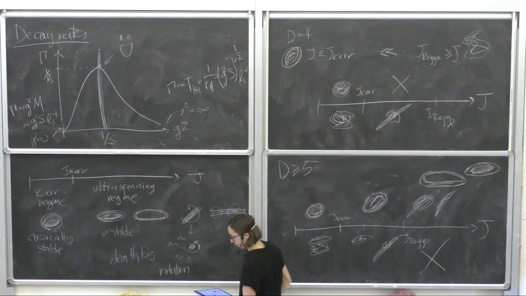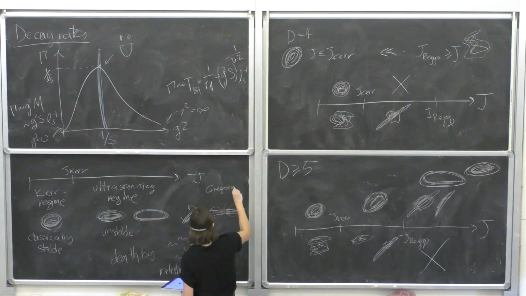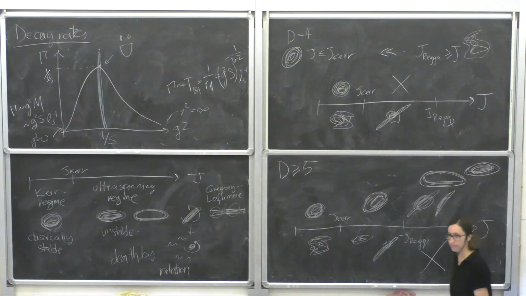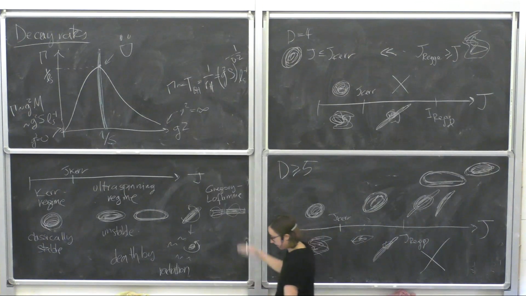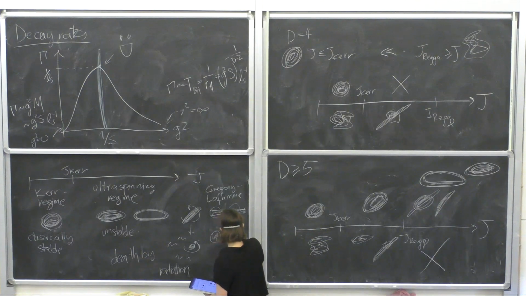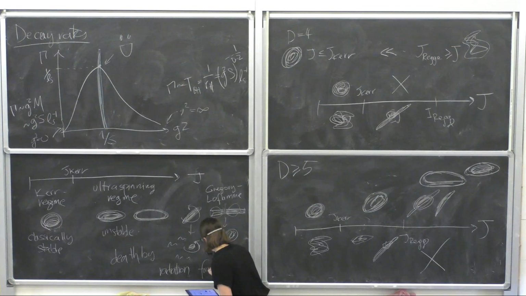It can pinch off, no? So this is called the Gregory-Laflamme instability. Ever heard of it? Okay. So this instability allows the black ring to pinch off and fragment. Let's say you pinch off here, and then you get something like this, no? So this is death by fragmentation.